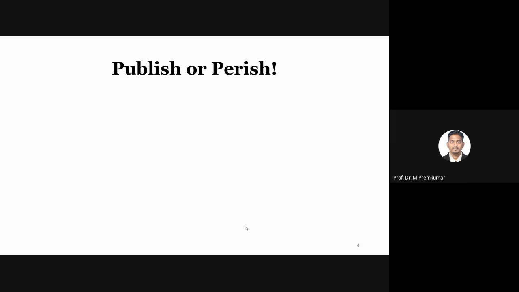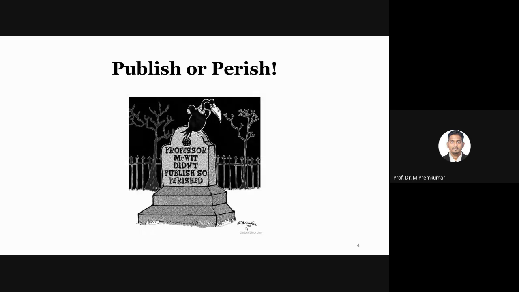Then automatically some kind of pressure comes to the faculty that you have to publish or else you have to perish. So that's the statement. In recent days it's coming to everyone's mind: publish or perish. So at least to meet the demand of the institute, or to sustain your career or your job, obviously you have to publish.